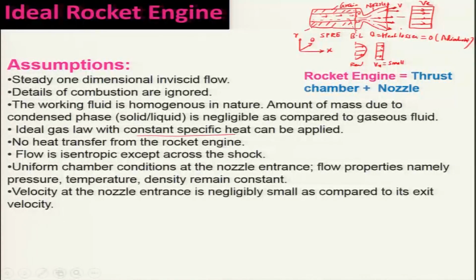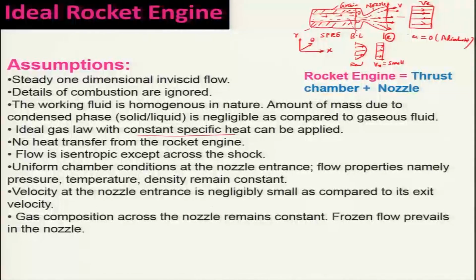If I consider the exit here, this is your exit. So this V e is at that point. And the gas composition across the nozzle remains constant, but that is not true. It will be changing, and we assume the flow to be frozen at the inlet to this nozzle.